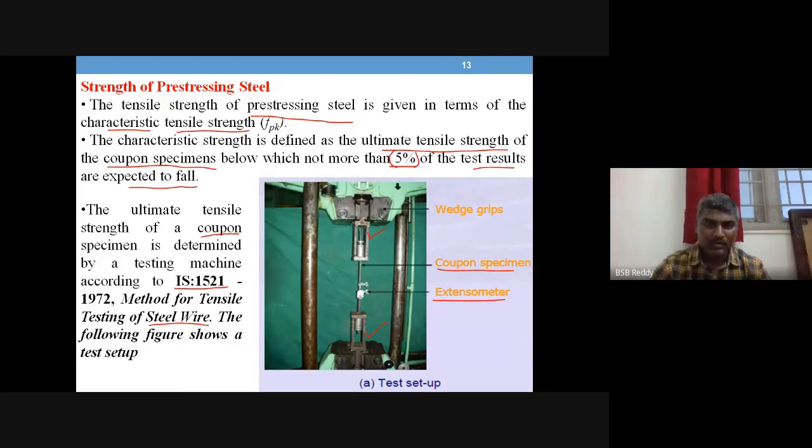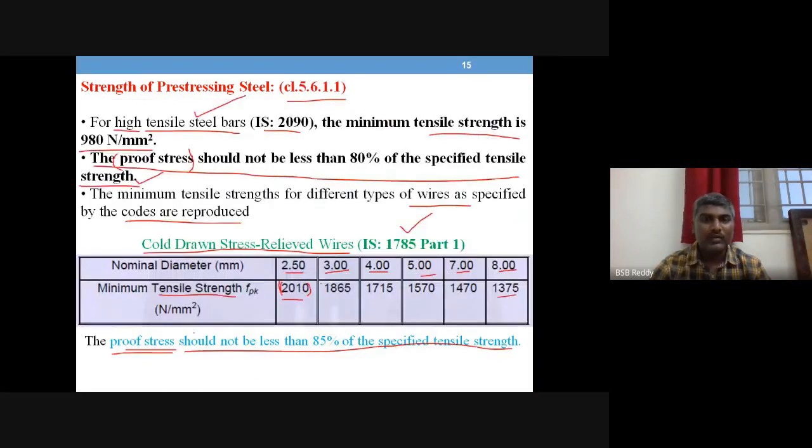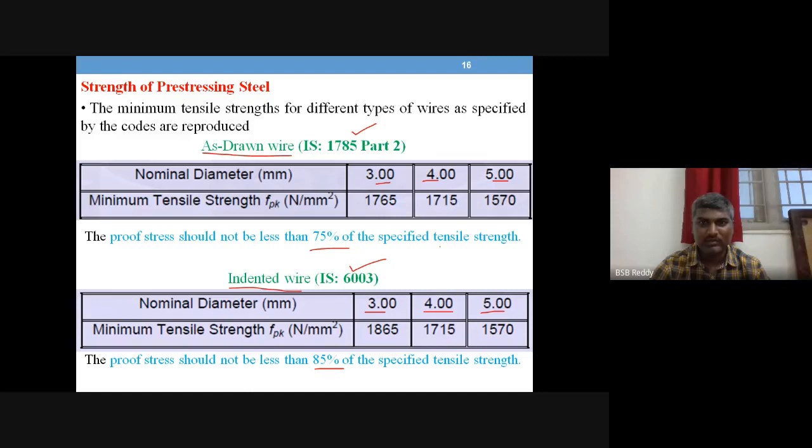Okay, and you have testing procedures like the normal UTM. It's very similar to it, but it's a different setup. Okay, and for different categories of forms of steels, we have different IS codes mentioned here. For bars, it is 2090, and for cold drawn stress relieved wires, it is 1785 part 1.